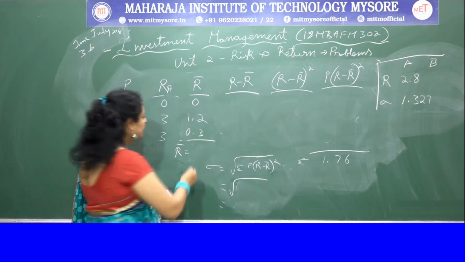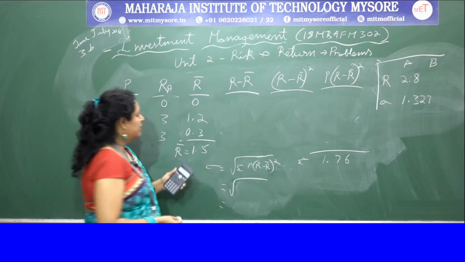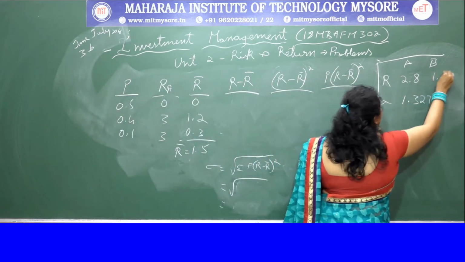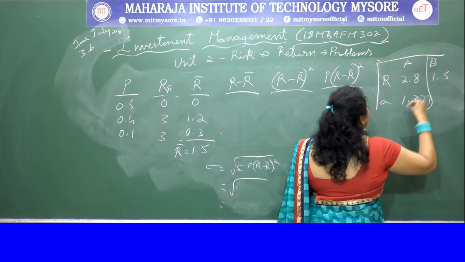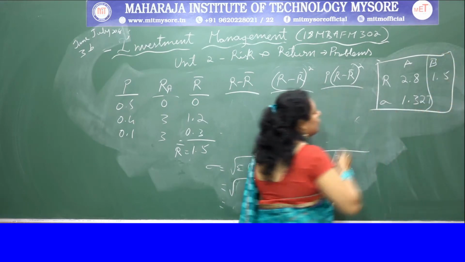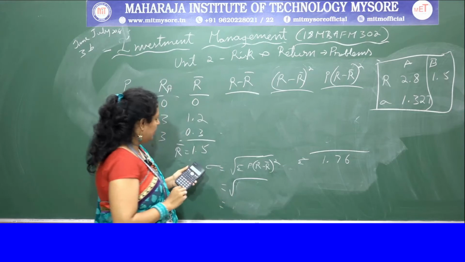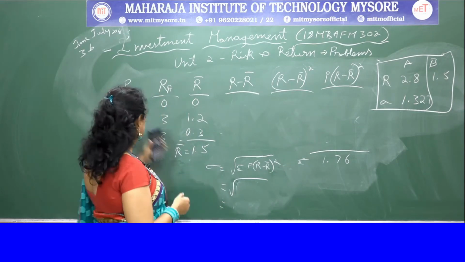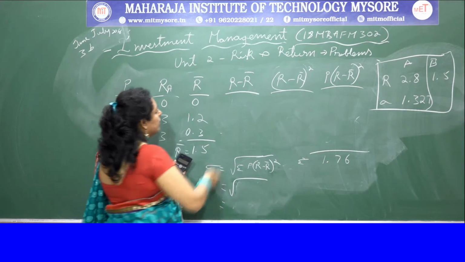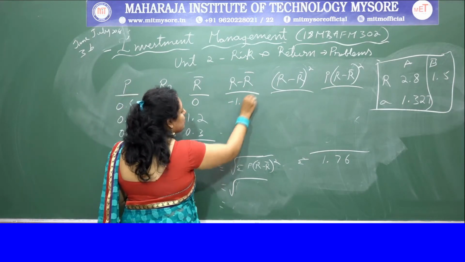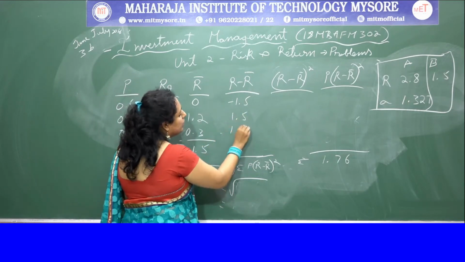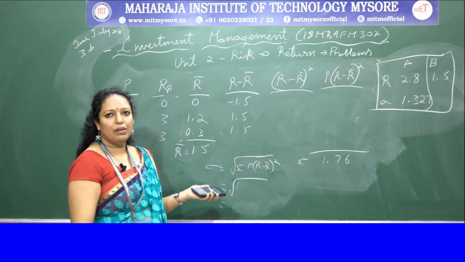So 1.5 is the R bar. Then, in the same way, we will do R minus R bar. So R is 0 minus 1.5, it is minus 1.5. 3 minus 1.5, it is 1.5.